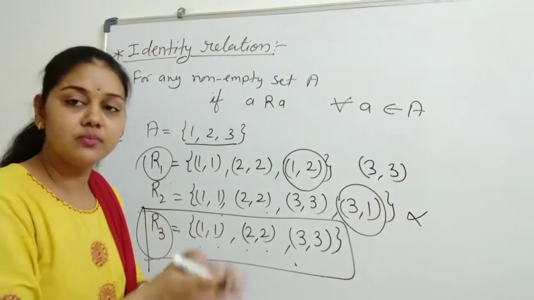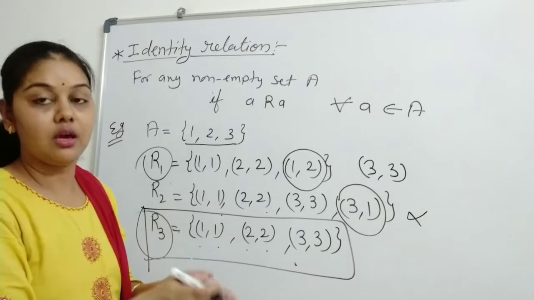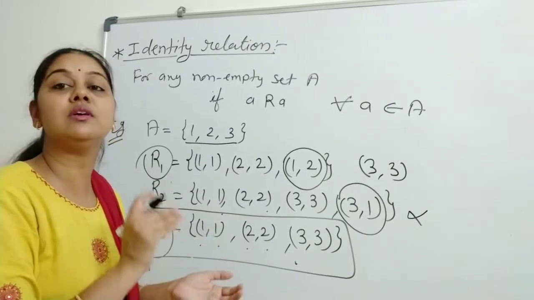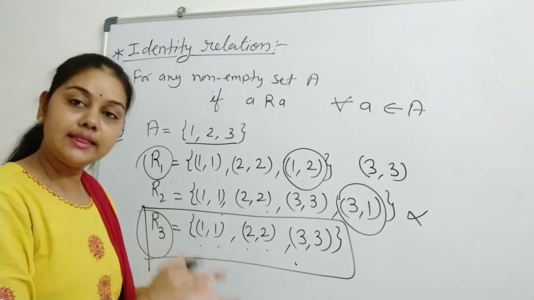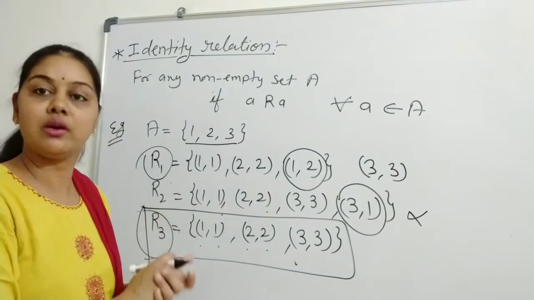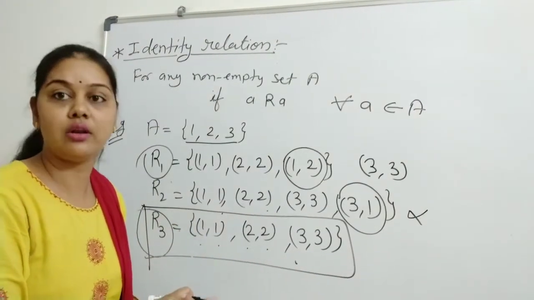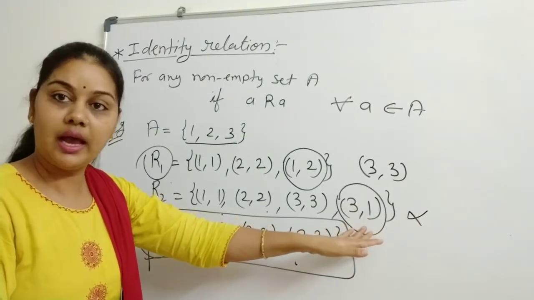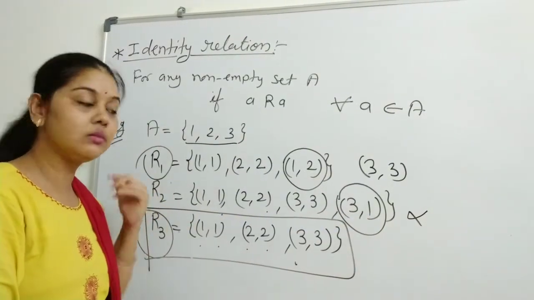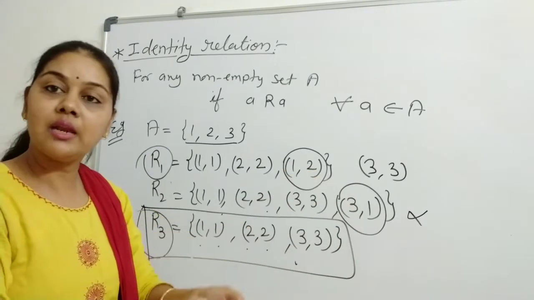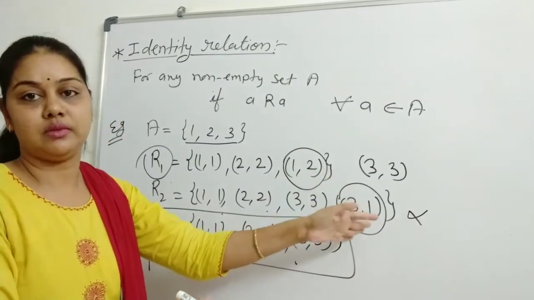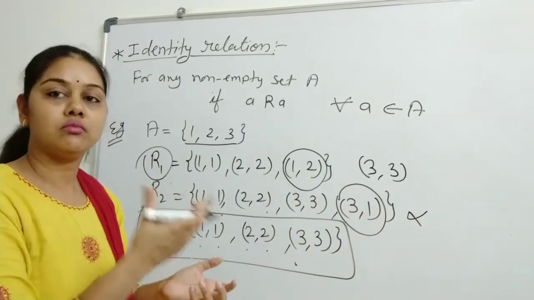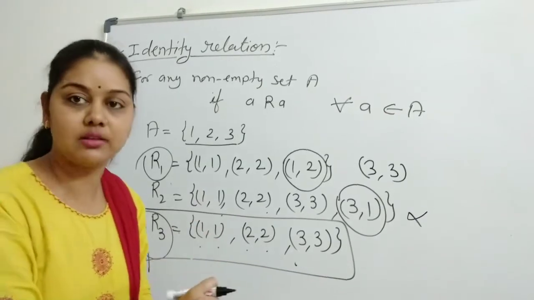It is clear every element of A must have a relation with itself. Then such kind of relation will be called identity relation. And there must not be any other elements in the relation where the element is related with any other element.